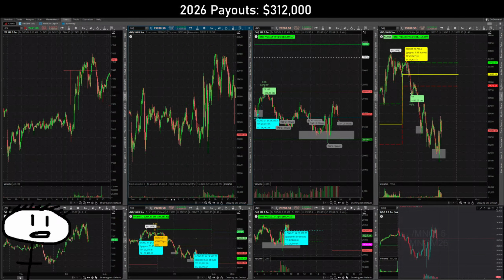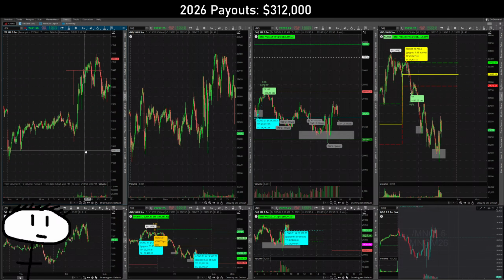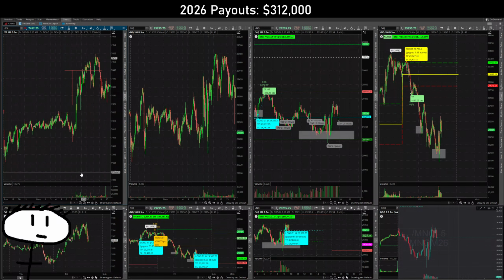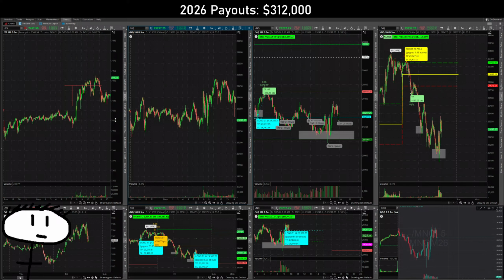Trying to fit a whole day's worth in here. It's a lot easier to see when you're not zoomed into like 10 million candlesticks.